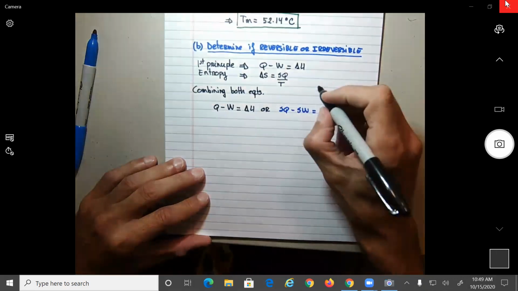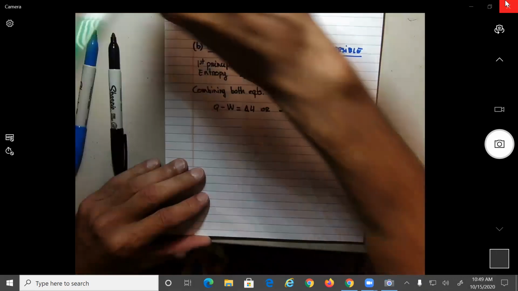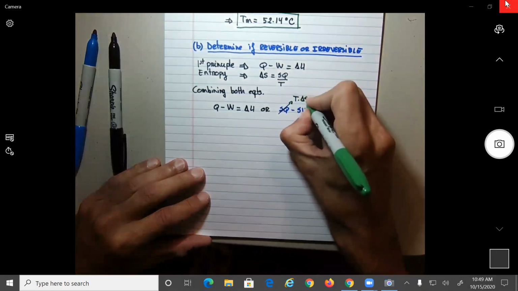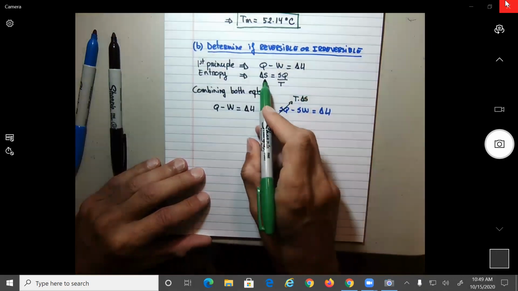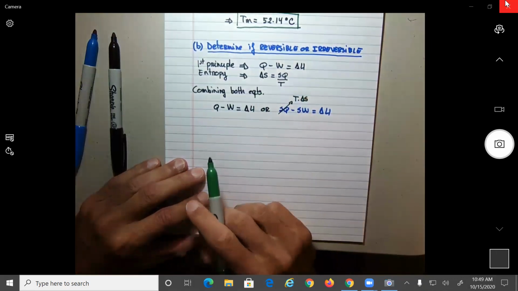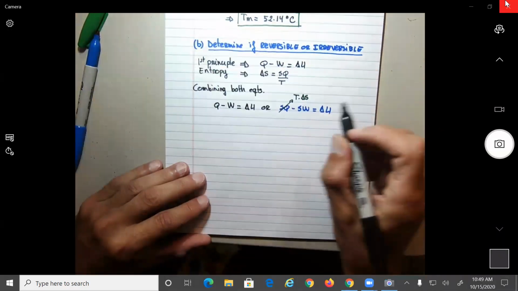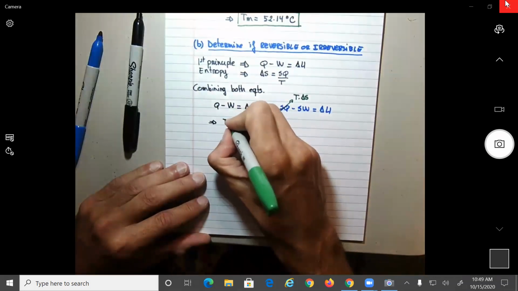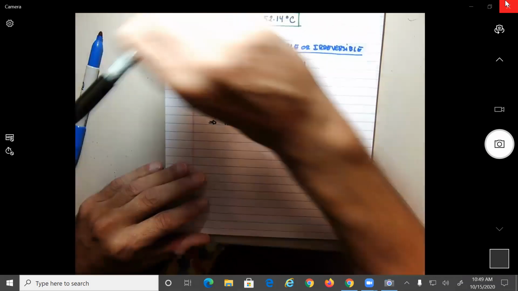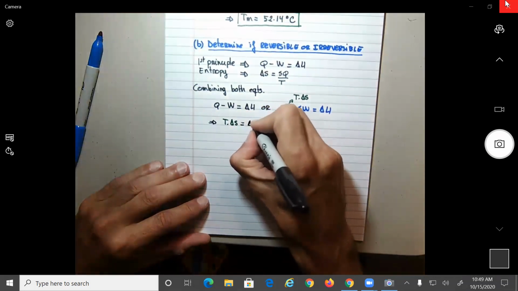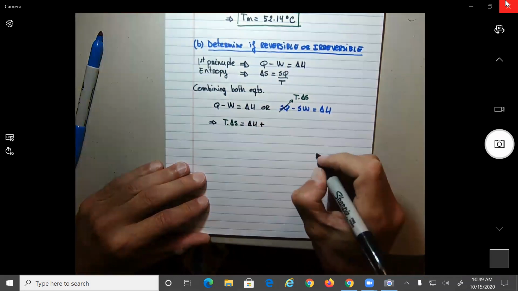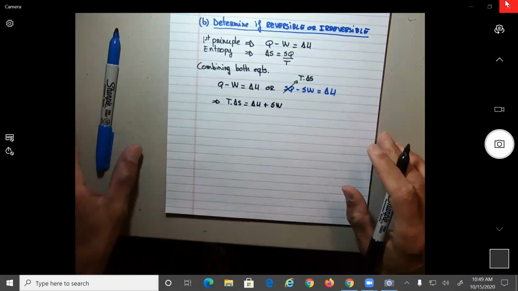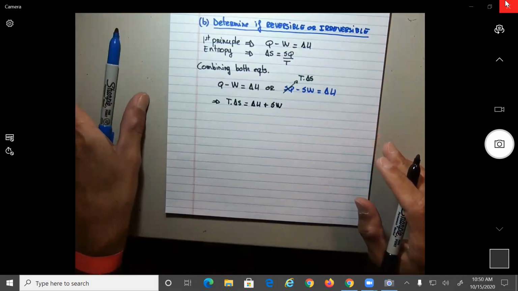So in this equation, using the principle of entropy, what is the delta Q over T? It is equal to T times the change of entropy. So we're going to have T delta S equal to the change in internal energy plus the change of work.